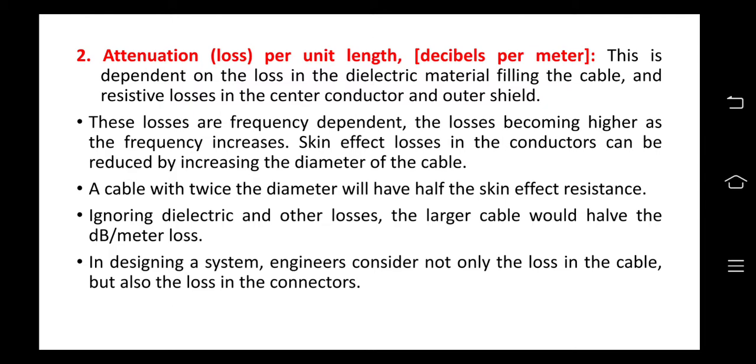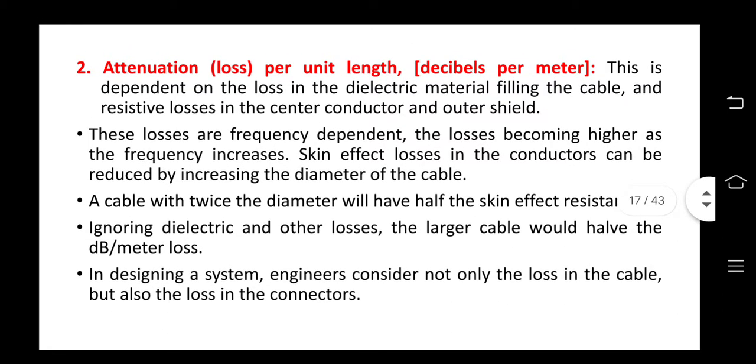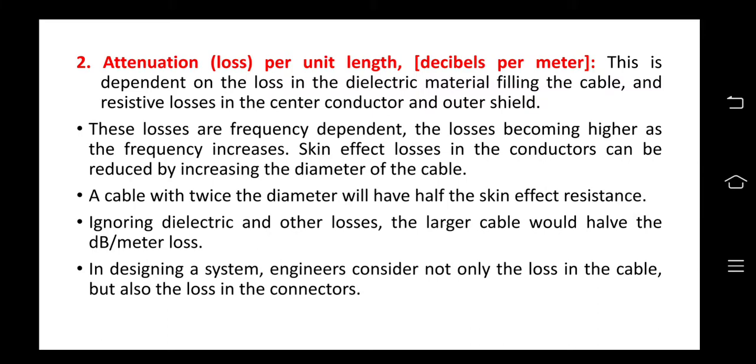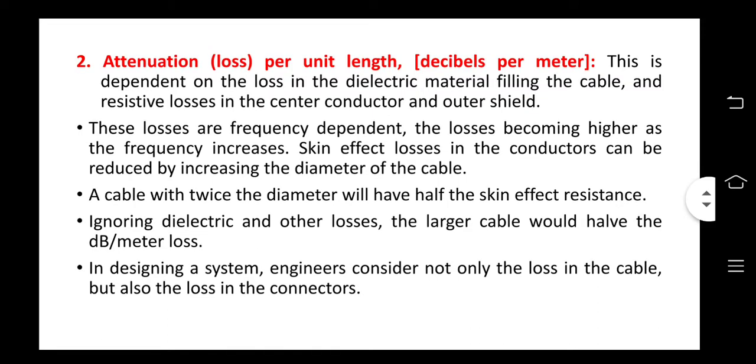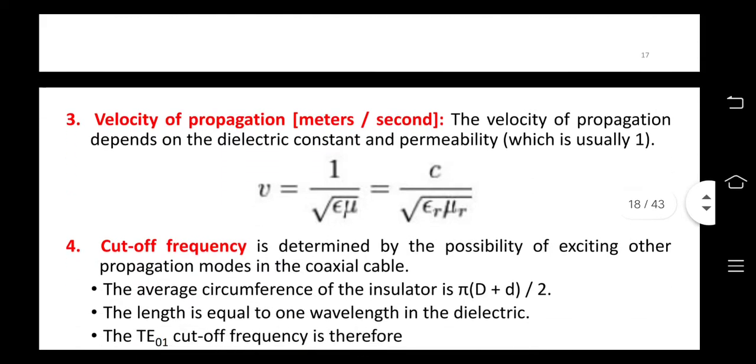A cable with twice the diameter will have half the skin effect resistance. Ignoring the dielectric and other losses, the larger cable would have half the dB per meter loss. In designing a system, engineers consider not only the loss in the cable but also the loss in the connectors.